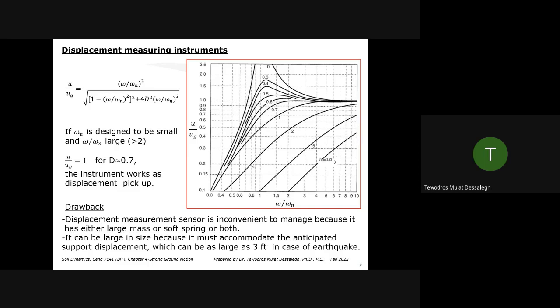So if you see this, if omega n is designed to be small, omega by omega n, if we design omega n, the natural circular frequency of the mass and the spring, to be very small, then this ratio is going to be larger, right? We are talking in the larger area.